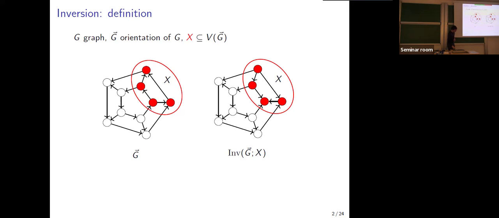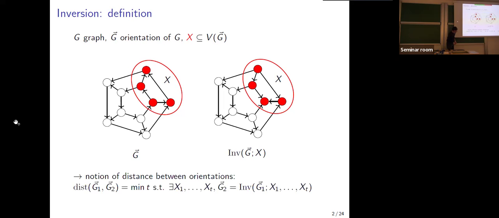And this gives a notion of distance between two orientations of the same undirected graph. If G1 and G2 are two orientations of the same undirected graph, the distance between these two orientations is the smallest integer t such that there are t sets of vertices, x1 up to xt, such that when I invert x1, so I reverse the orientation of all the arcs with both endpoints in x1, then I do the same for x2, then etc., the same for xt, at the end I obtain G2.